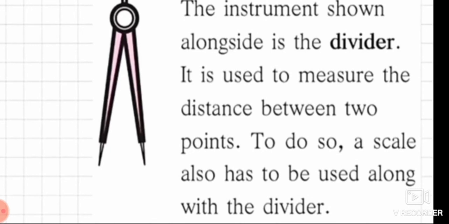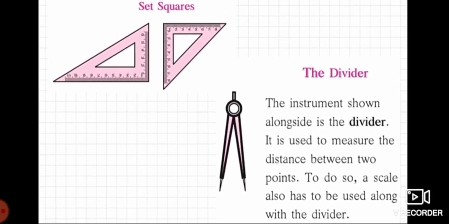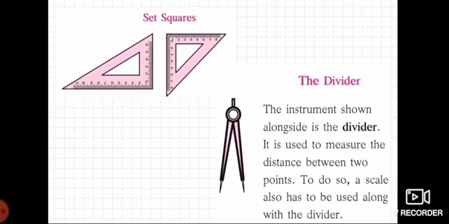So to measure that distance, we have to use a scale along with the divider. So did you all understand about all the instruments from a geometry box? Yes. So these were the different instruments and their uses, how to use these different instruments from the geometry box in mathematics. I hope you all have understood it.